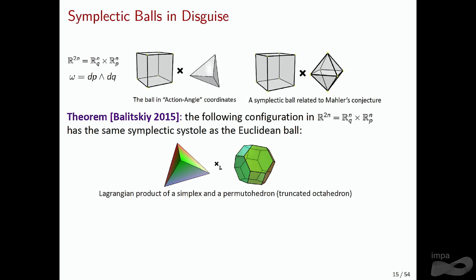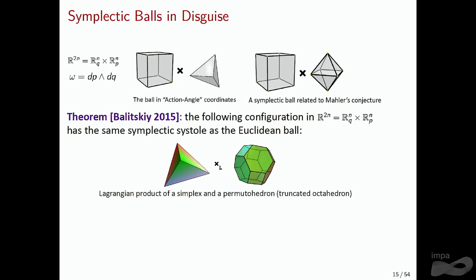He considered a simplex, again with respect to this splitting of R^n_q and R^n_p, times another very special convex polytope, the permutahedron.